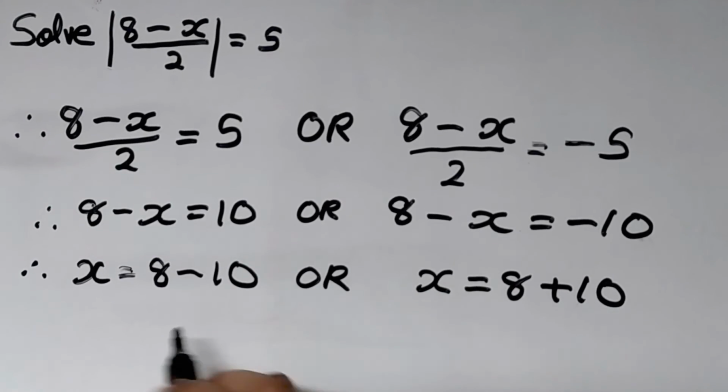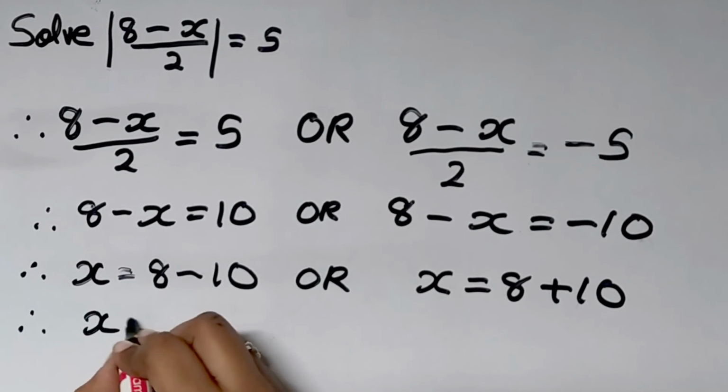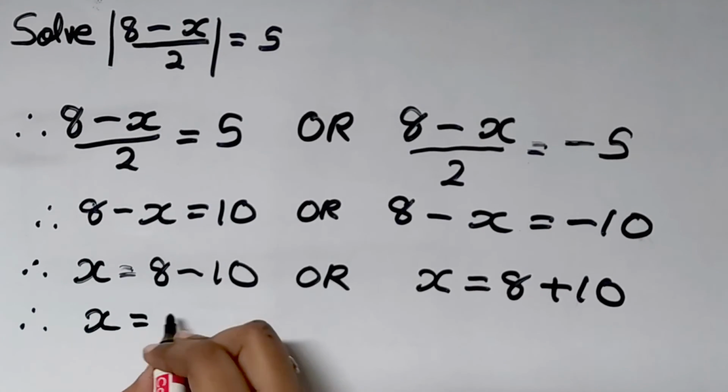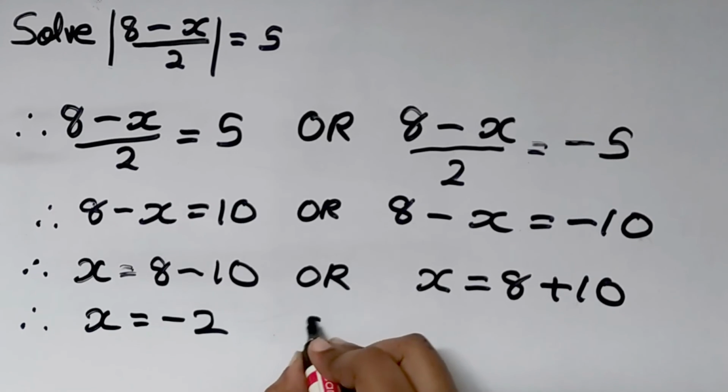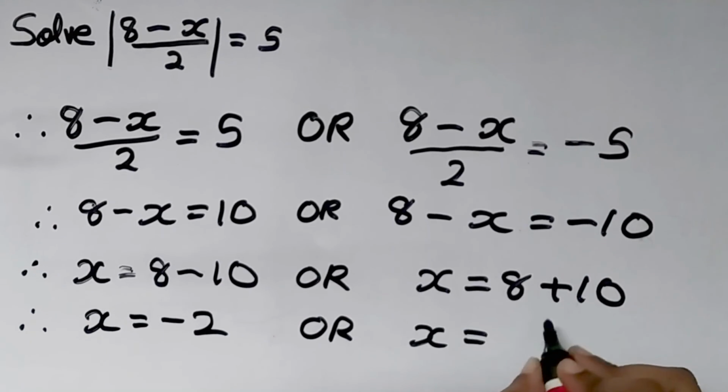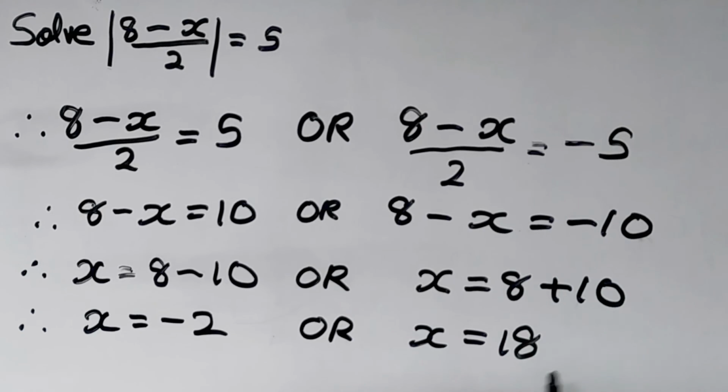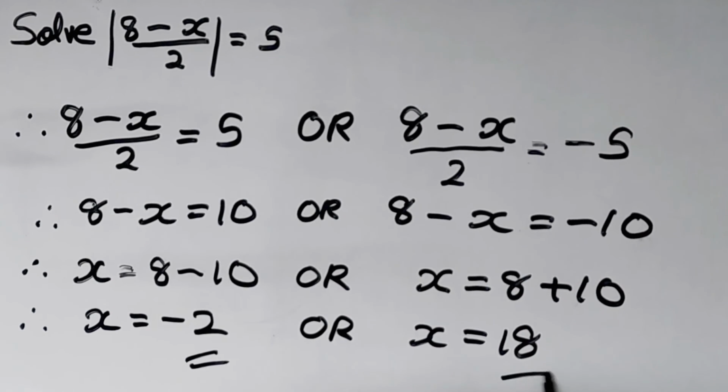We are just rearranging the terms. Therefore x = 8 - 10 is -2, or x = 8 + 10 is 18. So these two are the values of x.